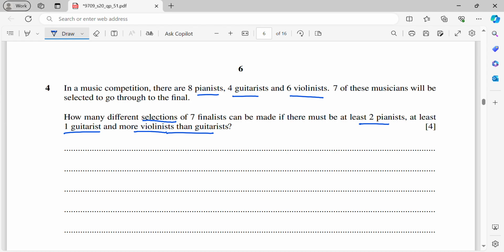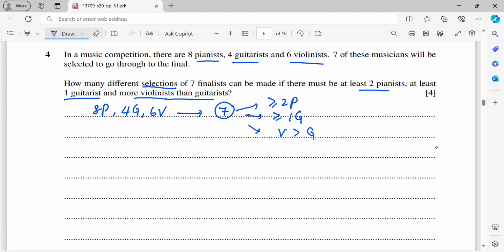Okay, so basically you have 8P, you have 4G, you have 6V. So from here you need to choose 7, then minimum 2P, minimum 1G, and make sure V is greater than G. So these are the 3 conditions for the selections.